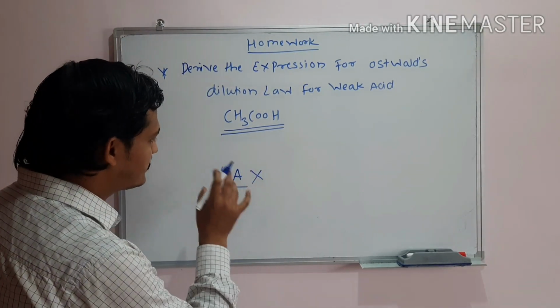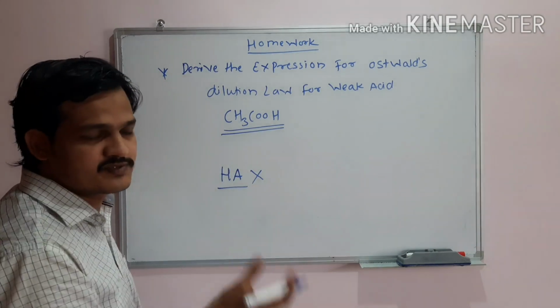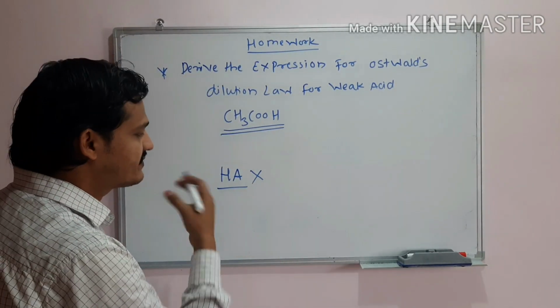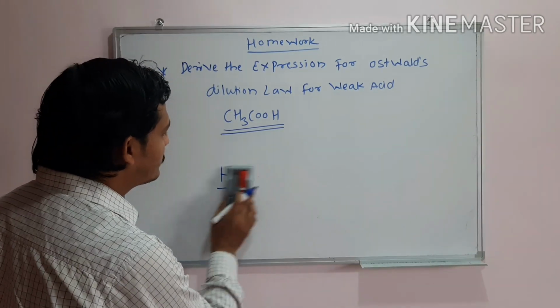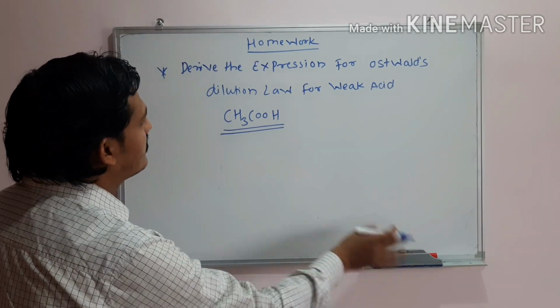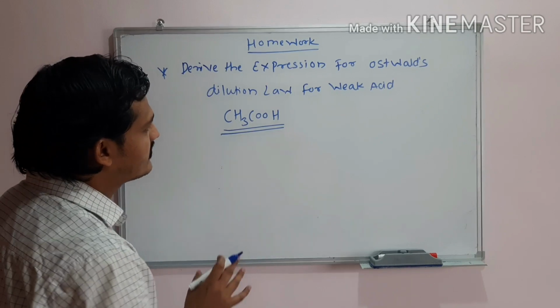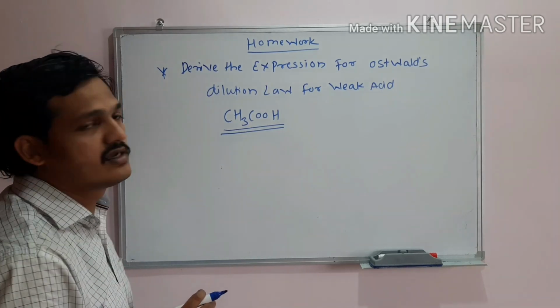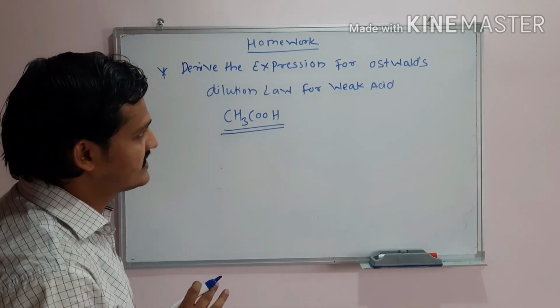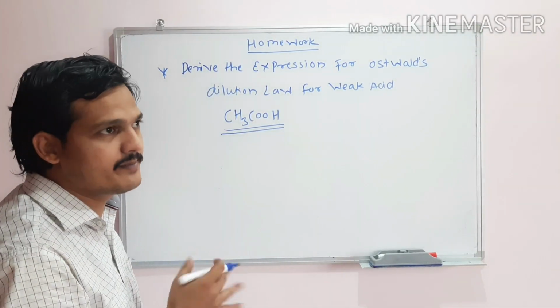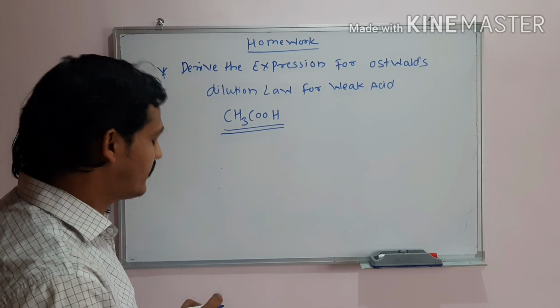I am deriving the expression regarding HA, so you have to derive the expression regarding acetic acid. The answer must be the same for you and me. Okay, this is the homework for you.